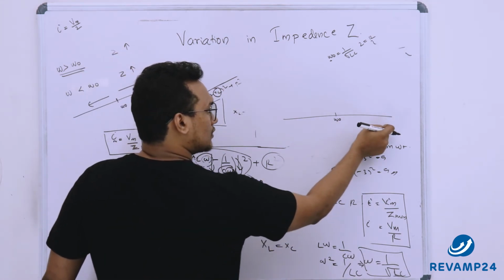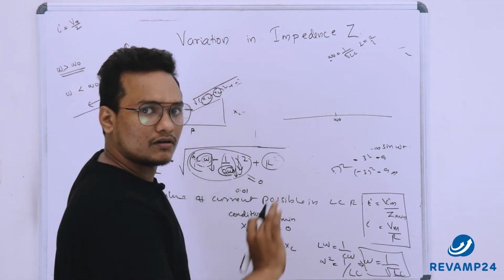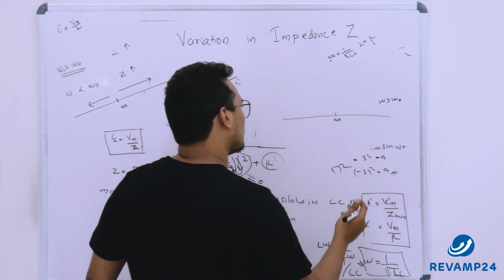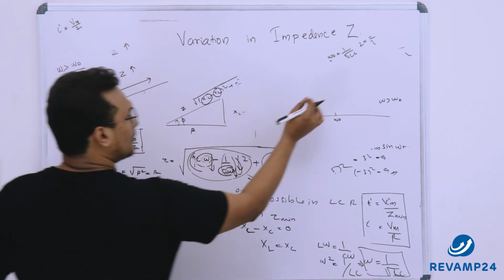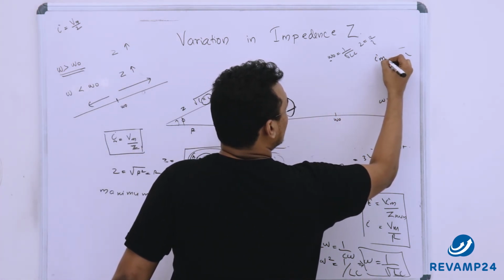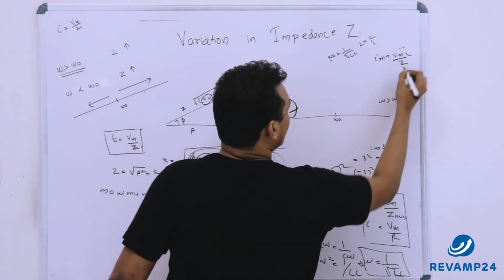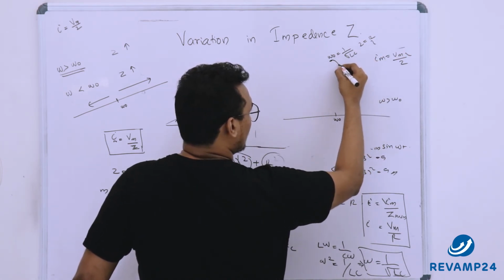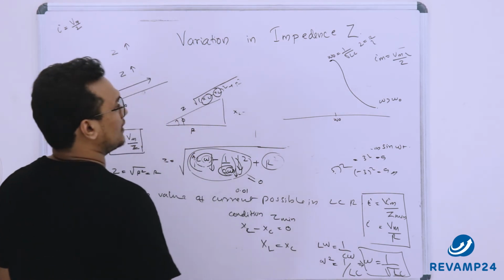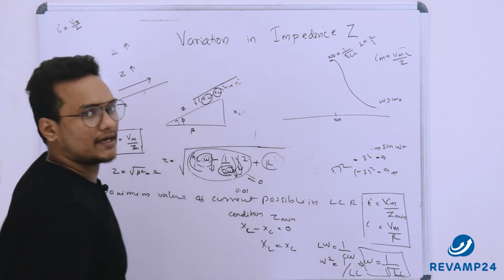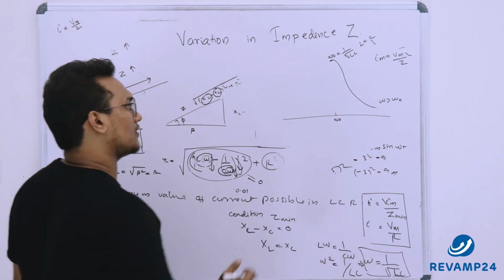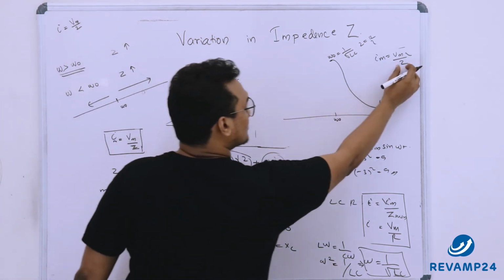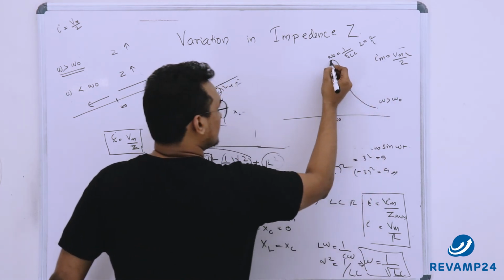Now to the right side of omega 0, frequency omega is greater than omega 0, but there also impedance would be higher. Since Im is equal to Vm divided by Z, when impedance is higher, current decreases. So from the maximum value, current decreases here. Now to the left of omega 0, when omega decreases also, we have seen that impedance will increase. So when impedance increases, current decreases.